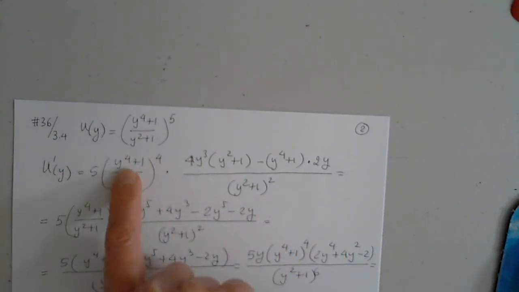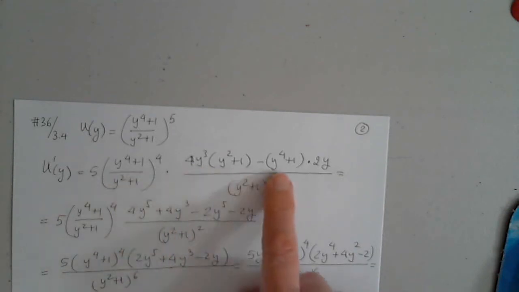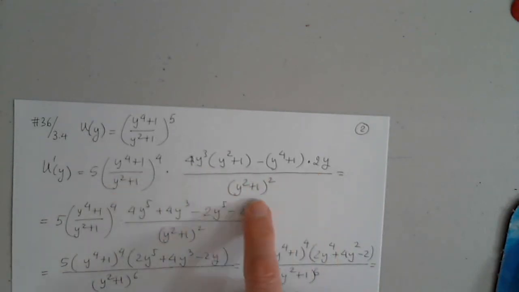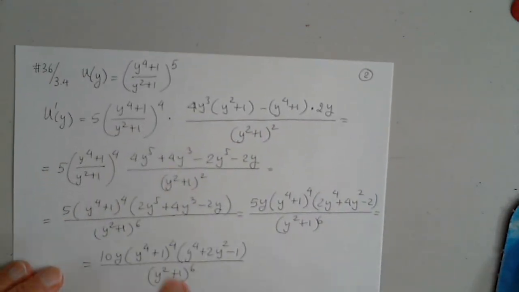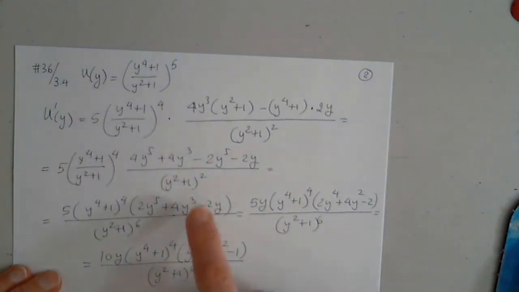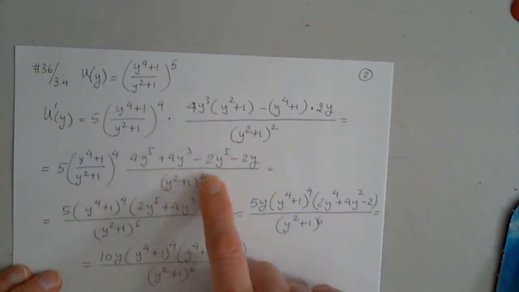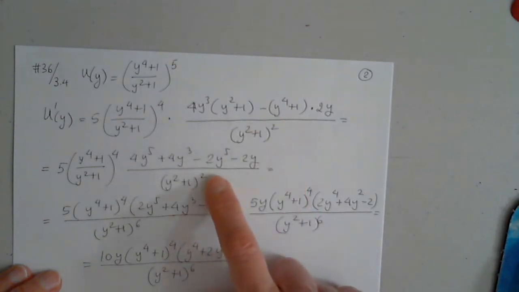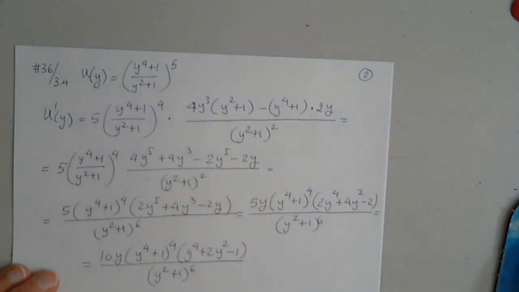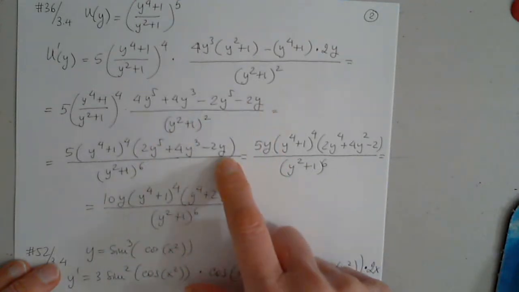The inner function, the numerator prime is 4y cubed times the denominator minus the numerator times the denominator prime, over the denominator squared. I copy the 5 and the quantity to the 4th, and then I rearranged, simplified here, 4y to the 5th plus 4y cubed minus 2y to the 5th minus 2y, and the 4 minus 2 is 2, and then these 2.